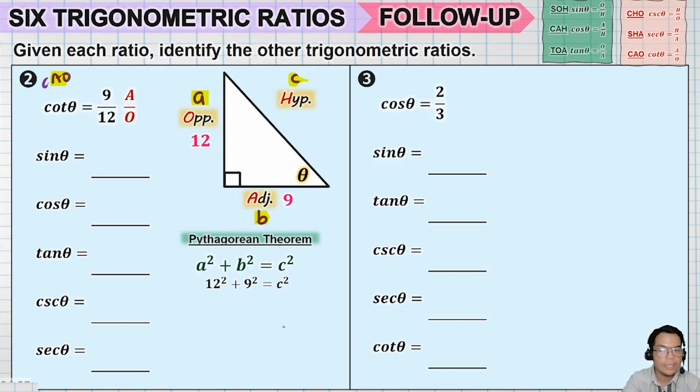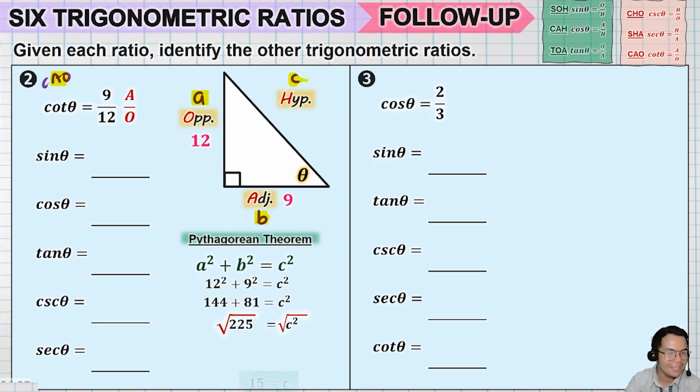So, 12 squared is equal to 144, while 9 squared is equal to 9 times 9, which is equal to 81. So, pag in-add natin yan, 144 plus 81, that's gonna be equal to 225. And if you're already familiar with 225 and the square root of it, you know the value of C already. Sa mga examples natin, palaging may ganyan, no?